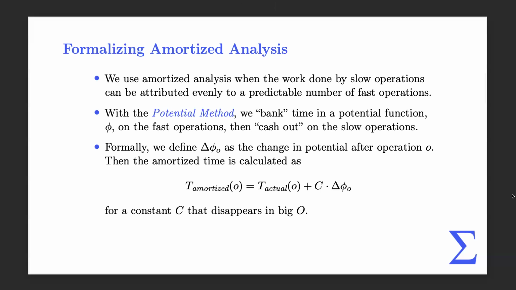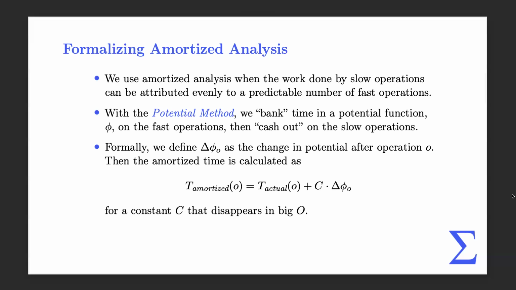If we make an equation for it, say there's some operation O and a potential function phi, we look at the difference of that and square everything off with this equation. T actual of O is the actual time that some operation took, and T amortized of O is the made-up time that we're sort of lying is how long it took.